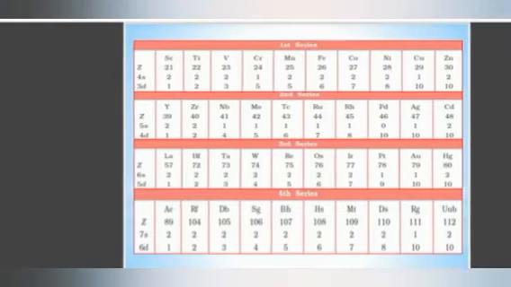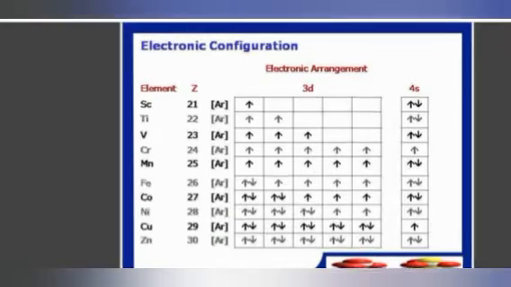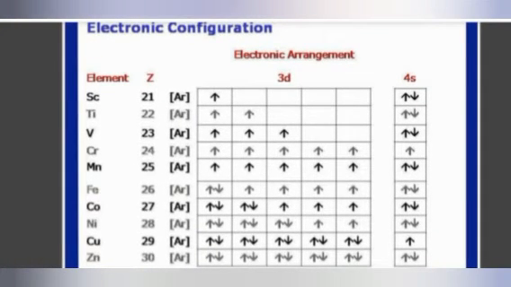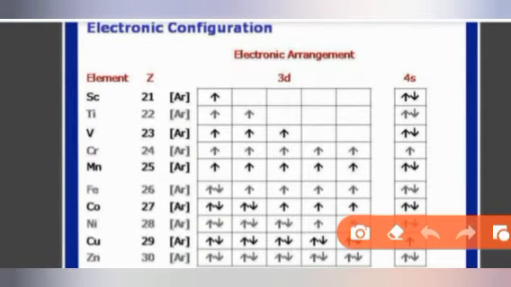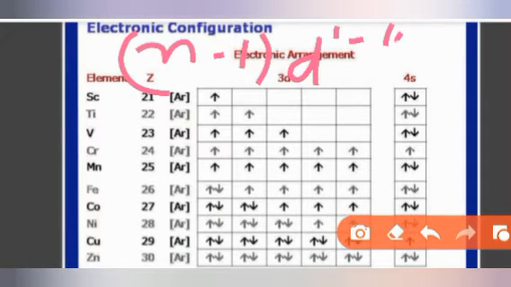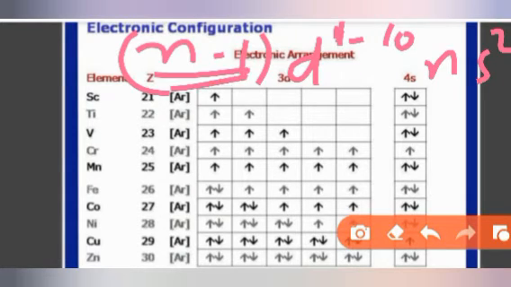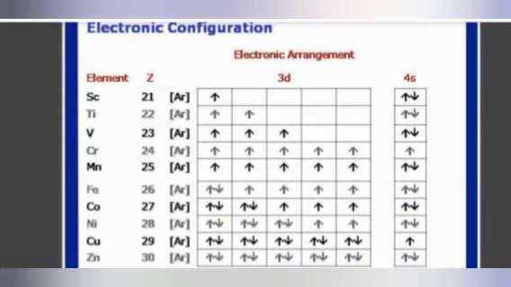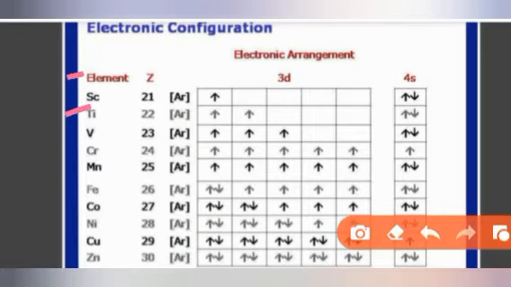Next is electronic configuration. The general configuration is (n-1)d 1 to 10 ns2. Now why is n-1 written? Let me explain. Take scandium, titanium, vanadium, chromium, manganese.